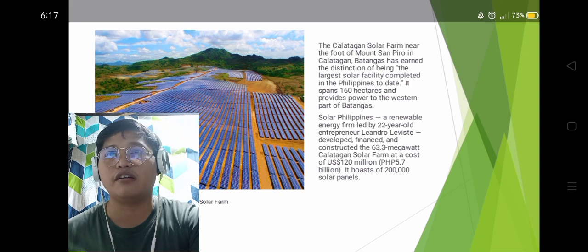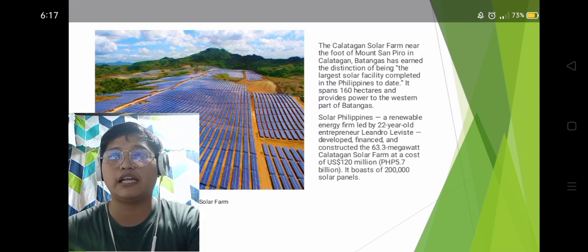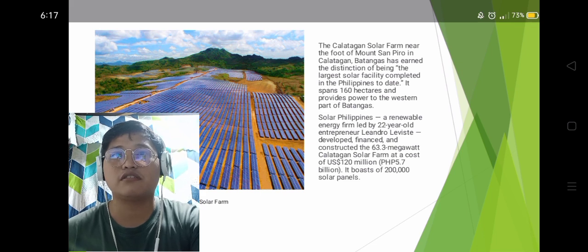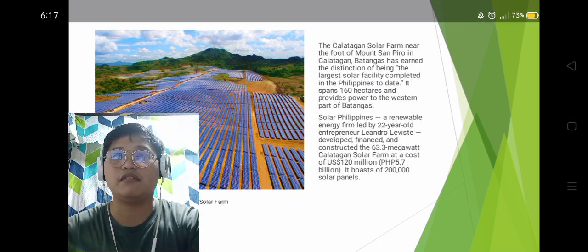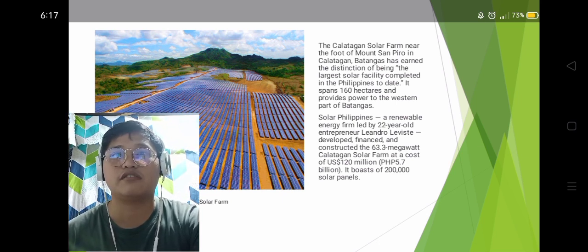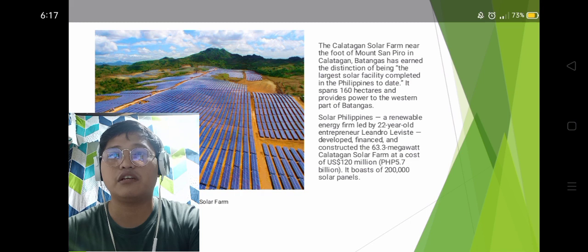It spans 160 hectares and provides power to the western part of Batangas. Solar Philippines, a renewable energy firm led by 22-year-old entrepreneur Leandro Leviste, developed, financed, and constructed the 63.3 megawatt Calatagan solar farm at a cost of 120 million US dollars.